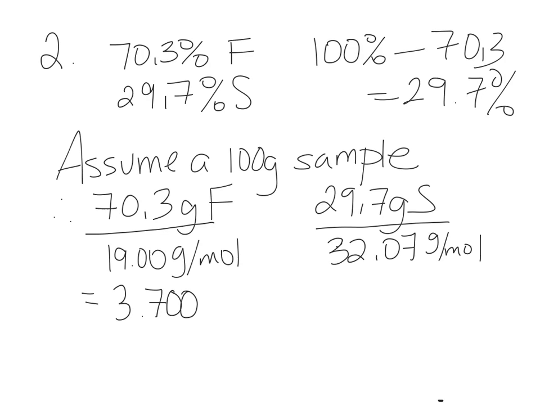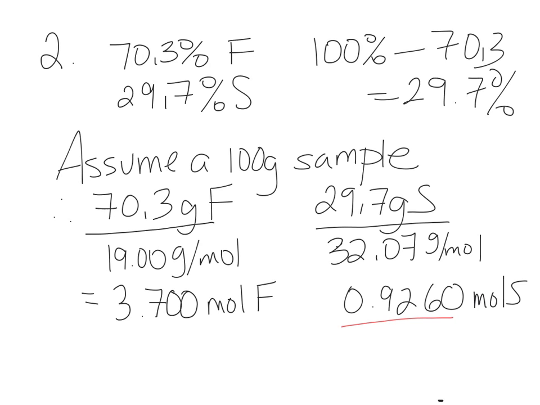How about sulfur then? 29.7 divided by 32.07. Thank you. Okay. Do you understand what we got? Yes. Okay. What do we do with these numbers? Divided by the smallest.